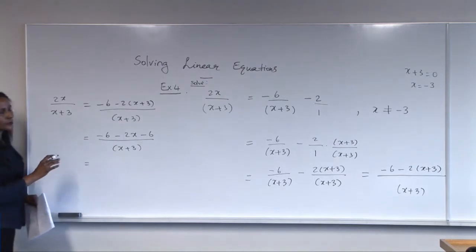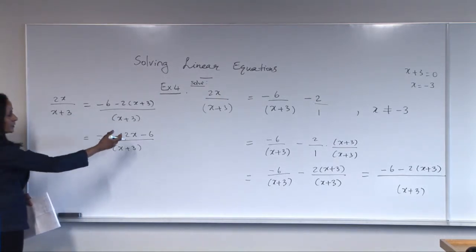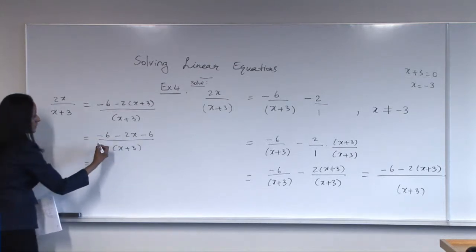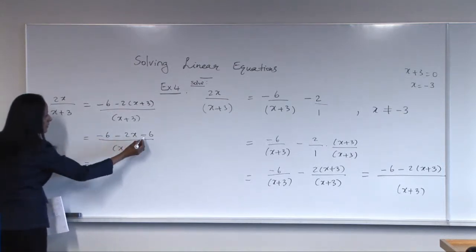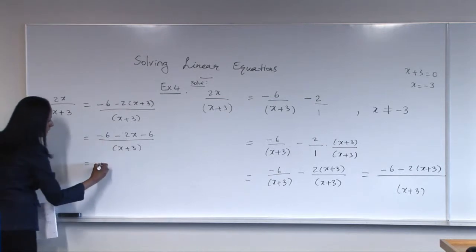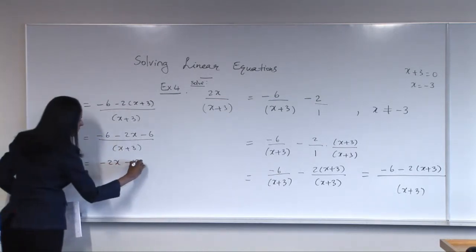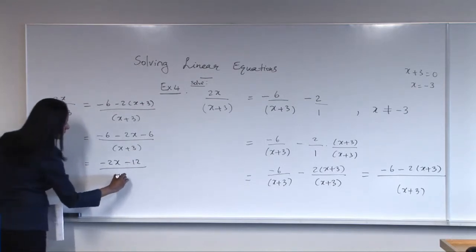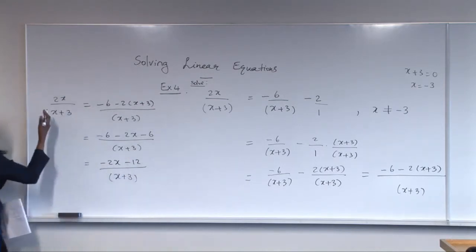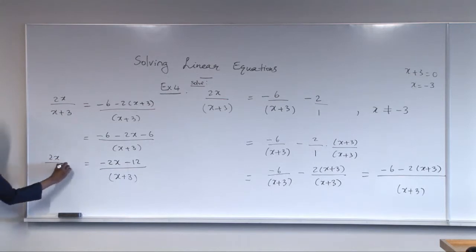So what are we trying to do? We are trying to solve for x. So we are going to simplify this. Negative 6 minus 6, negative 12, and minus 2x. So let me write this first: negative 2x minus 12 all over x plus 3. And this side we have 2x over x plus 3.